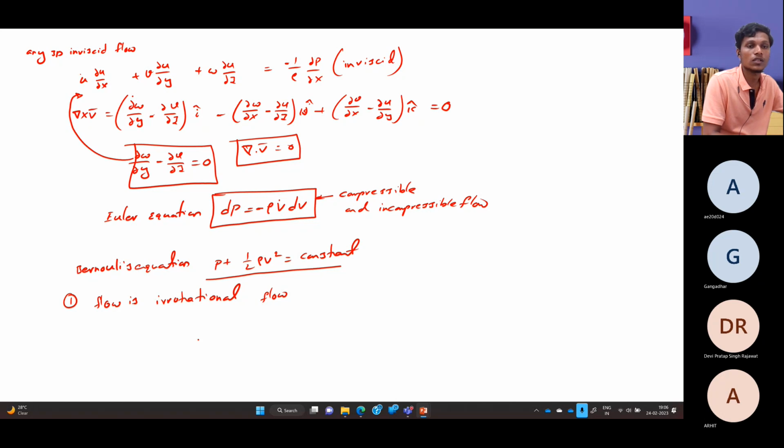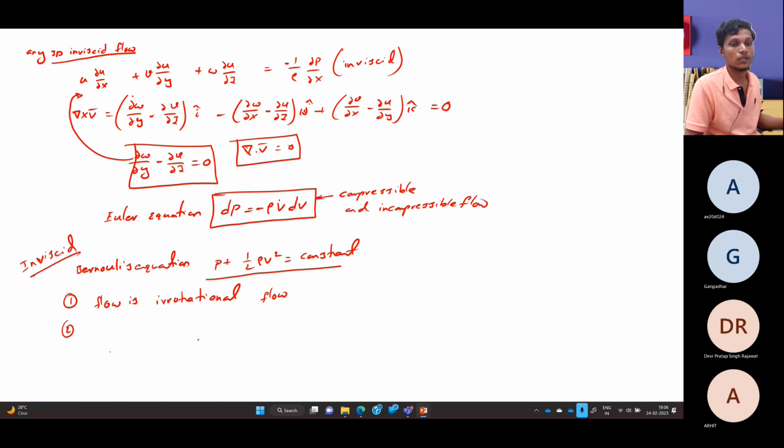Note that the first statement itself is our 3D inviscid flow. So for the Bernoulli equation, to use P plus half rho V square equal to constant, the flow should be irrotational. Inviscid is a must condition, because based upon that assumption we derived this.